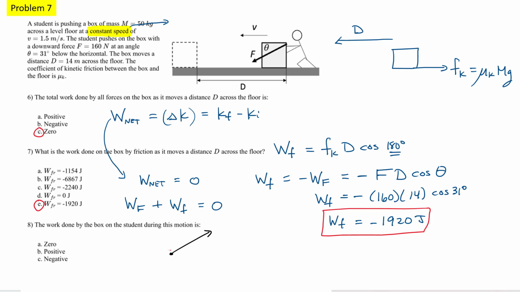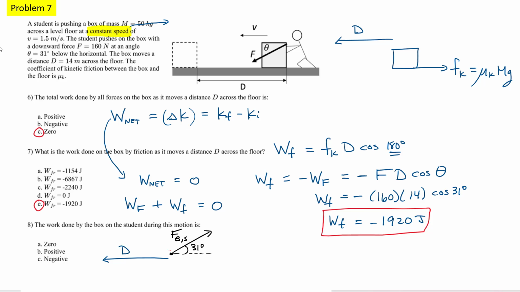It should be something like this. This is the force of the box on the student. And guess what? That angle there is also going to be 31 degrees, the same as it was. Now the displacement is in this direction right here. That is my distance d.